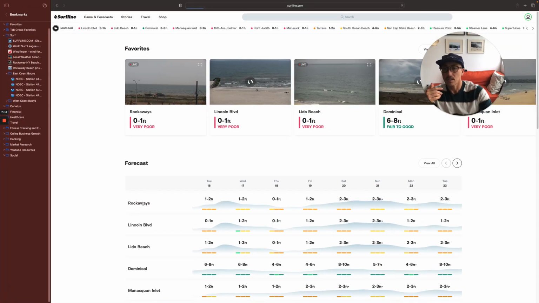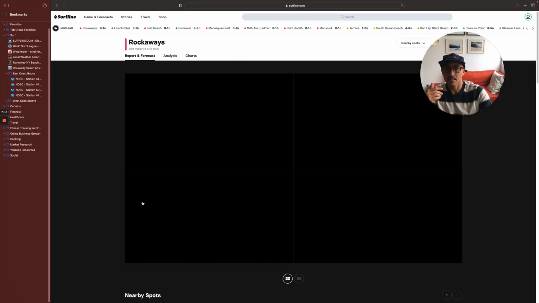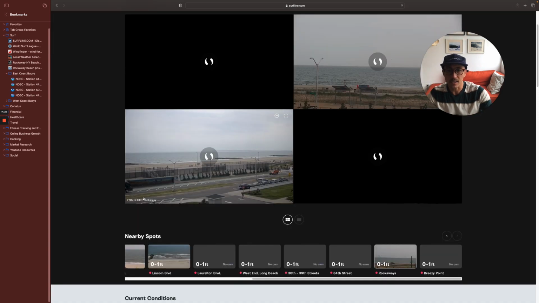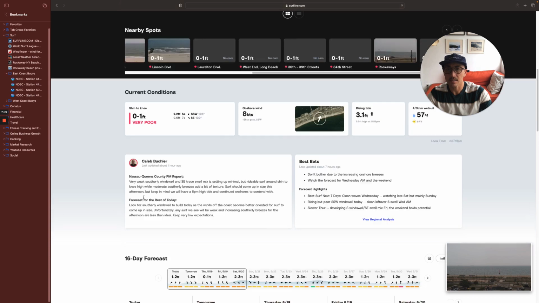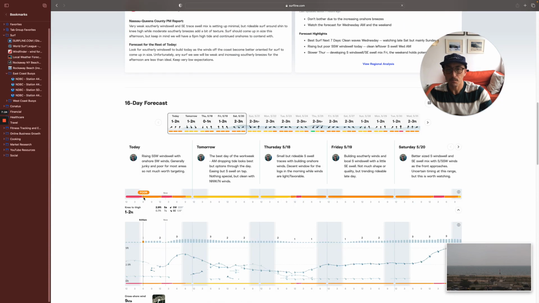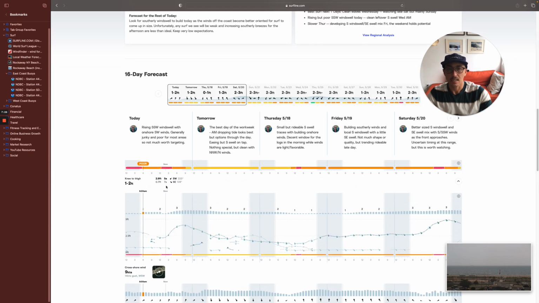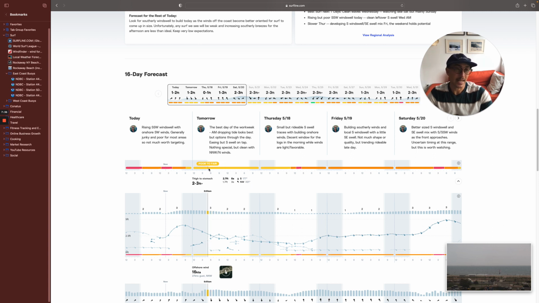We're going to go to the Rockaways forecast. Okay, tomorrow, the best day of the work week, easing. They're calling it poor to fair, which some people might surf because we've been having bad waves.